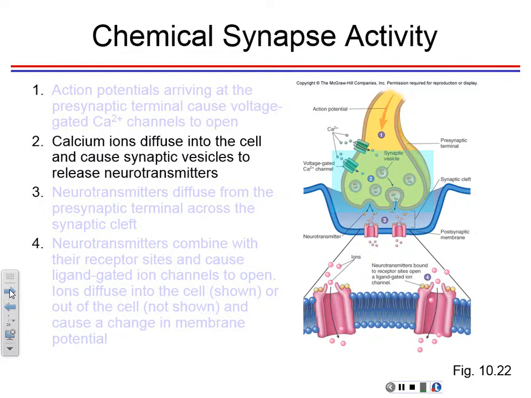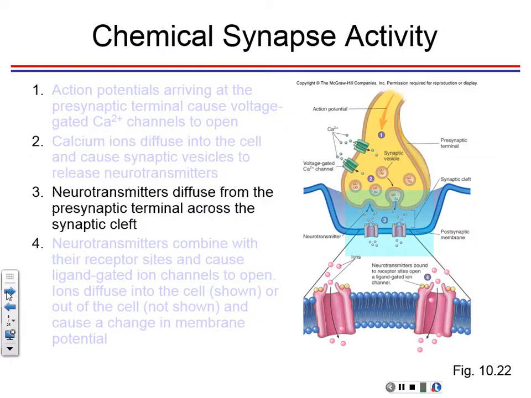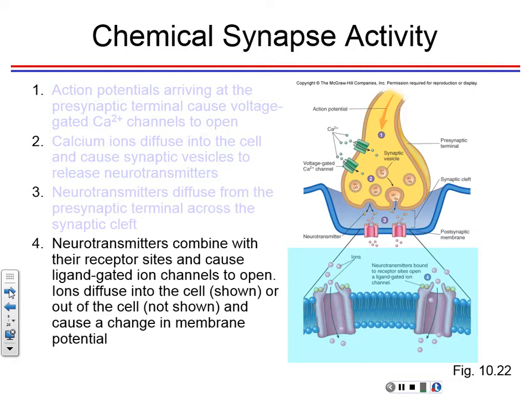The calcium ions diffuse in once those calcium gates open, and they attach to these vesicles, causing the vesicles to attach to the presynaptic membrane so that exocytosis occurs, right? This is nothing new. The neurotransmitter diffuses through the cleft and attaches to the ligand-gated channels.